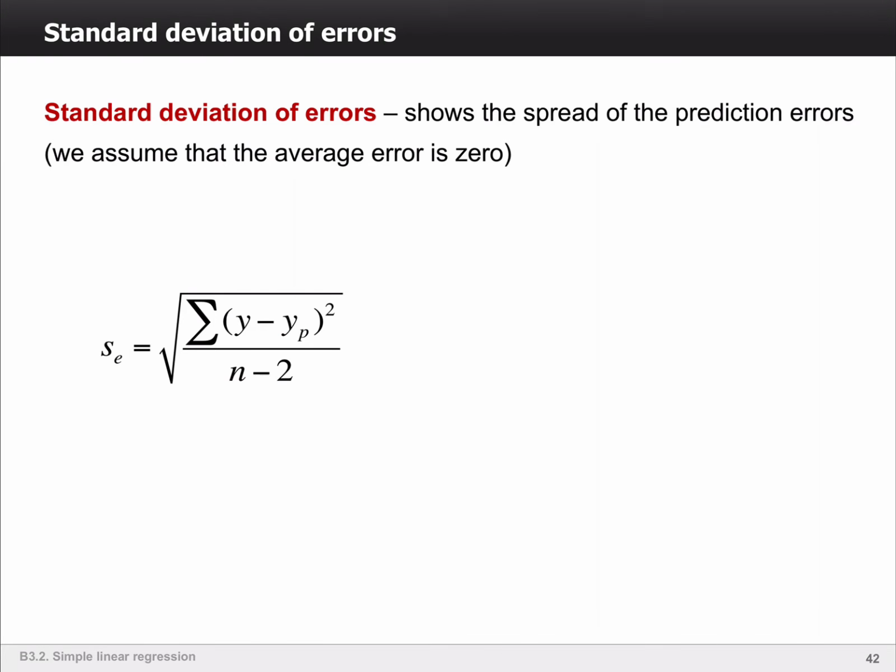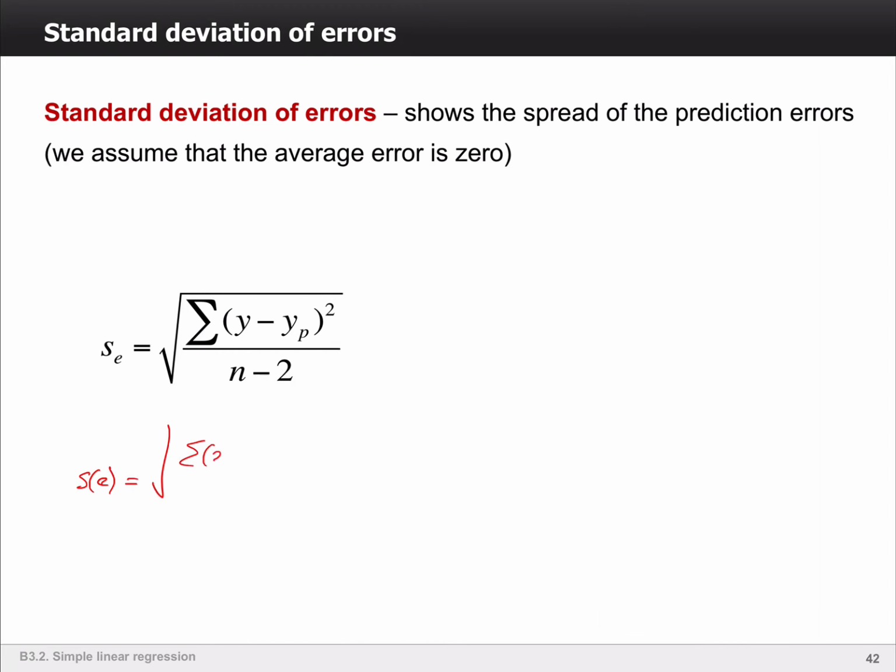Now we can also calculate an important characteristic of the distribution of errors. It's the standard deviation. Because the average error is always 0, we need to calculate the standard deviation in order to see how big the spread of the errors is. That's the way we calculate it, and it looks a little bit weird because, in fact, you remember that standard deviation looks like this.